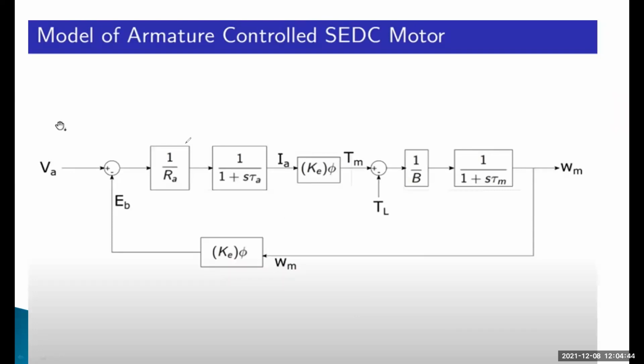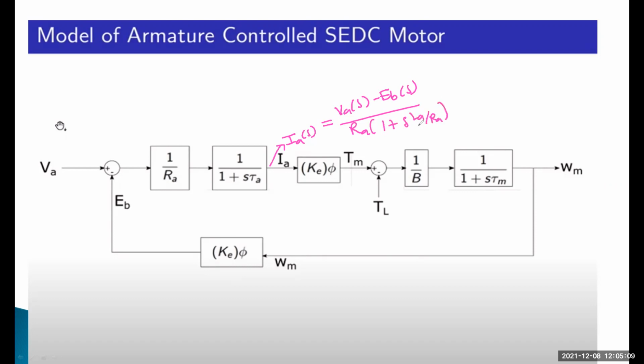So here, what is this IA of S? This is called the armature current. The armature current IA is equal to VA of S minus EB of S, divided by RA into 1 plus S into LA by RA.